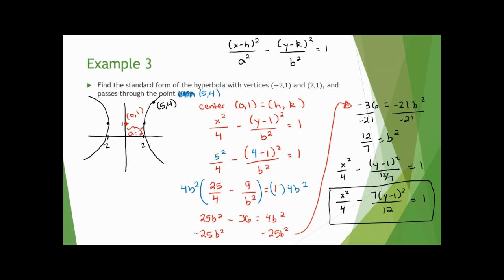So that's how we get 7 times y minus 1 squared over 12. So dividing by a fraction is multiplying by the reciprocal. Does that clarify that?